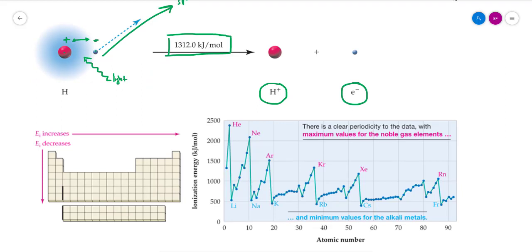So how does ionization energy trend on the periodic table, going back to this idea of periodicity? Well, I think it should be obvious that anything in the group 1A column, which is represented here, we already know constitutes atoms like sodium and lithium and rubidium, all things that really, really want to get rid of that electron.